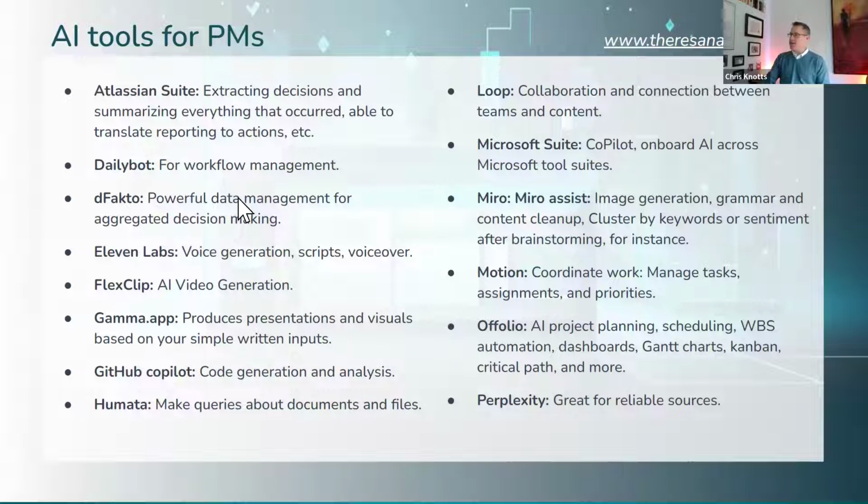If you scan this list, you'll see right away that there are some very ubiquitous enterprise tool sets that are already either baking in generative AI or that will allow you to interoperate with your own generative AI tool or even a tool like ChatGPT. So Atlassian, tools like Jira and stuff like that.